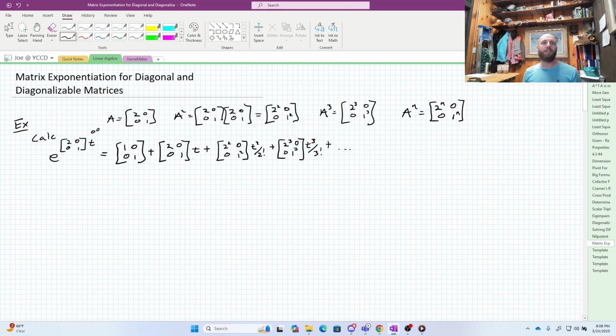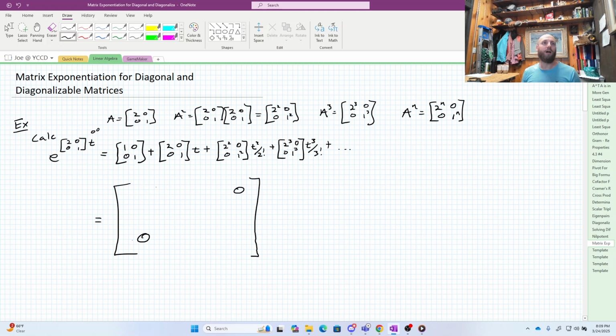Now, the cool thing is I can just do that scalar multiplication in, and then I can add these up. Let's do the easy ones first. In the bottom left corner, I've got a 0. In the top right corner, I've got a 0.